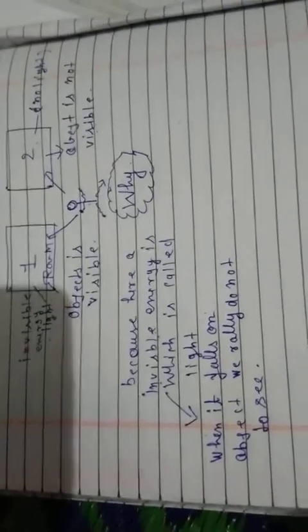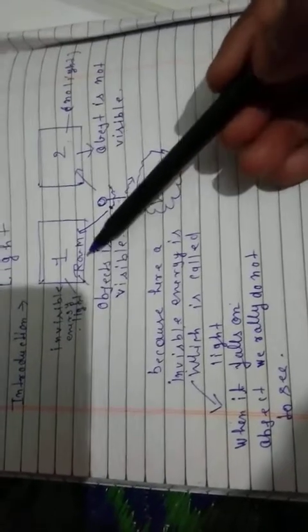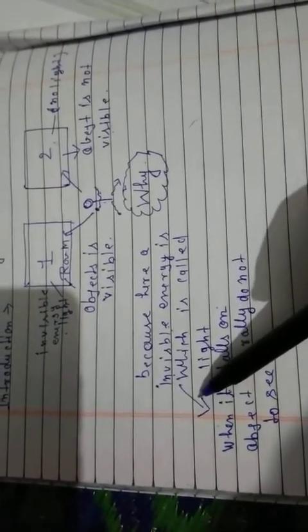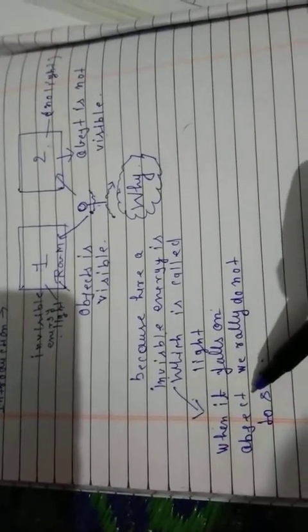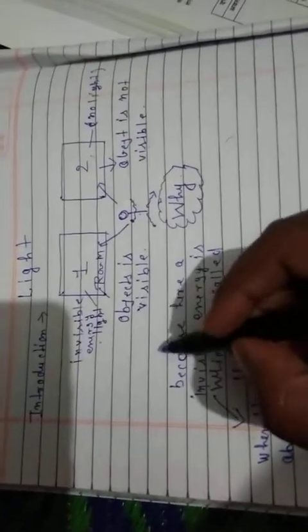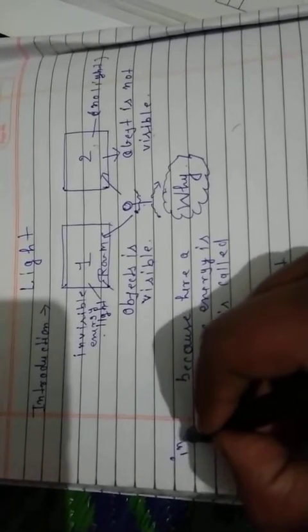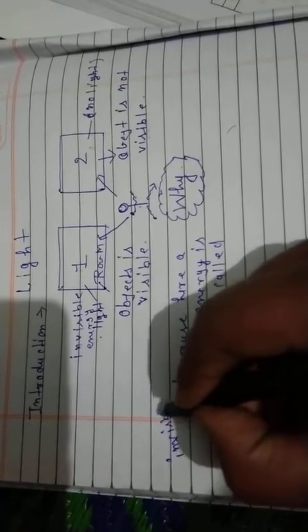Okay, so here one question again arises, because one time I stated that with the help of invisible energy objects are visible, and here I am saying that when invisible energy falls on any object we are not able to see. So how are we able to see?